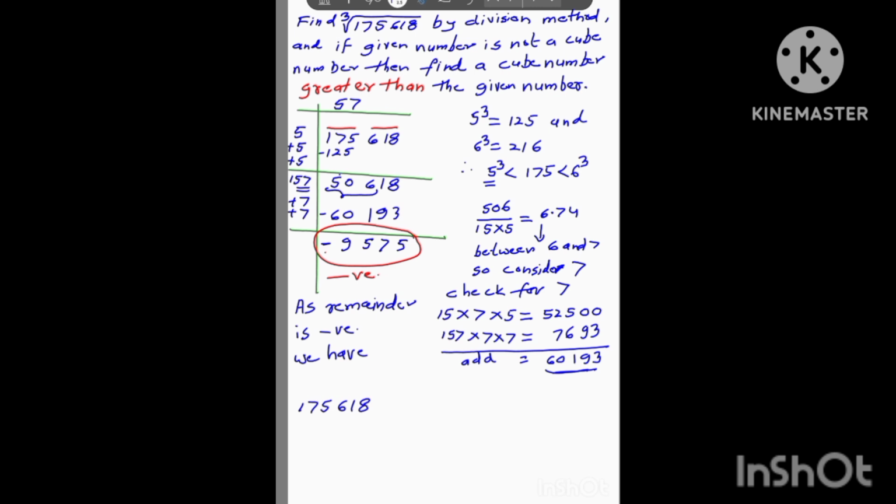Now I am adding it, 175618 plus 9575. So what you are getting is 3, so I am writing it directly, 185193, as a cube number, and greater than the given number 175618, that is the nearest greater number, which is having a perfect cube root.